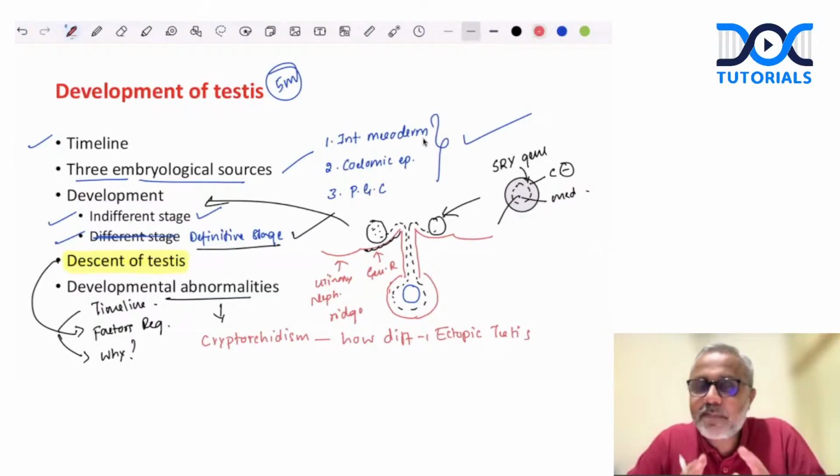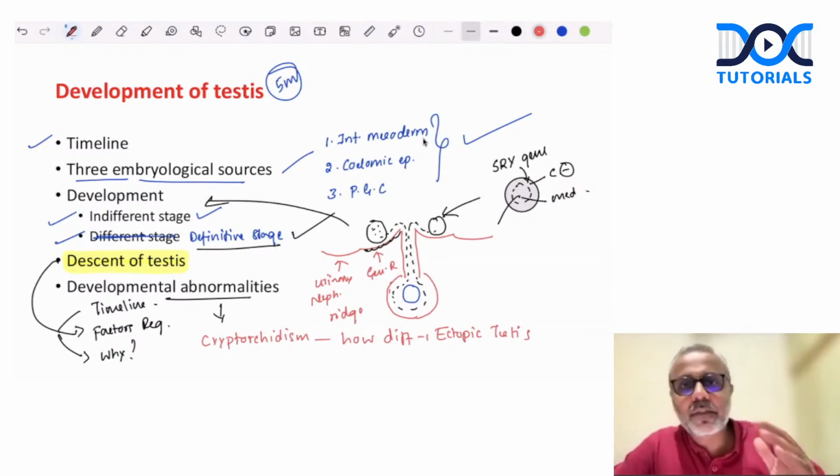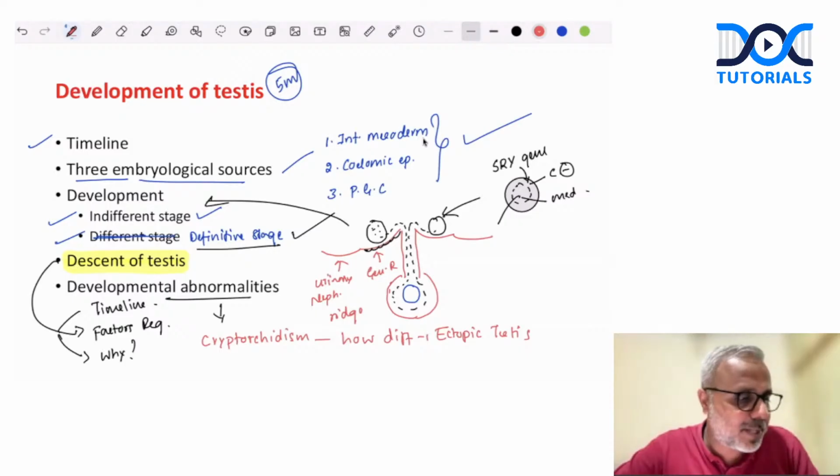Presentation always matters. Your paper could have everything that is given in the textbook, but if you don't present it well, if you don't structure it in different subheadings, there are greater chances that you will lose marks. So please practice and present your answers in a structured manner in your exams, and believe me, you will definitely score well. So this is regarding some of the embryology topics that I wanted to discuss.